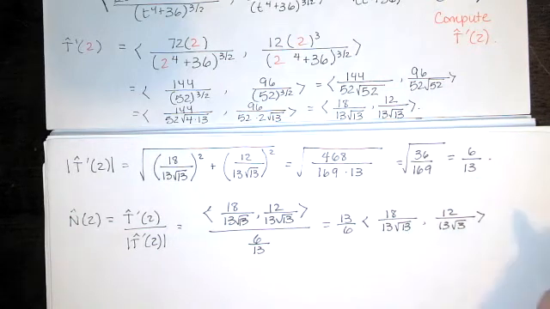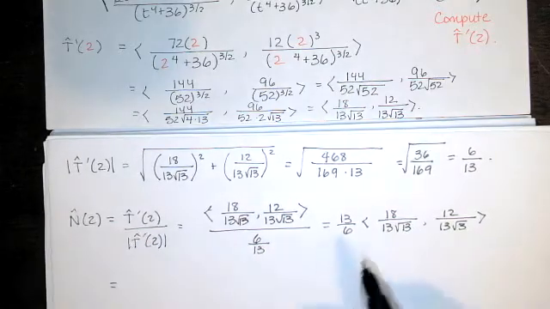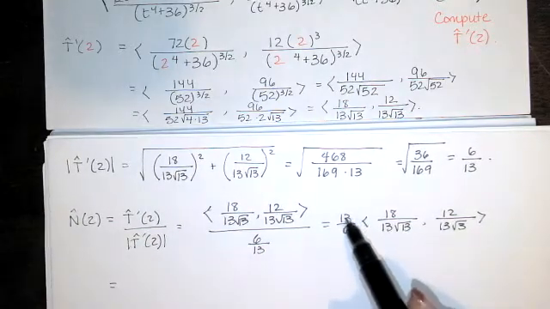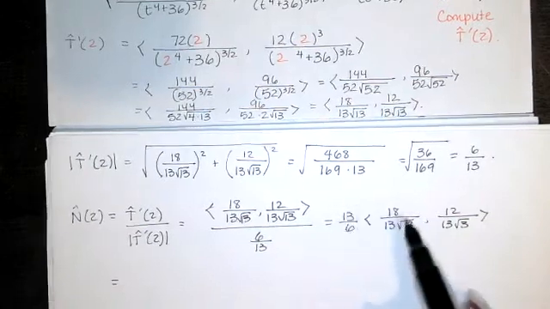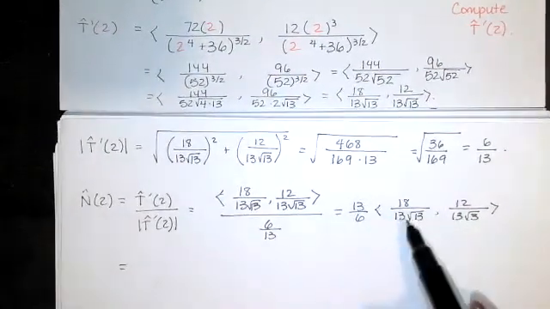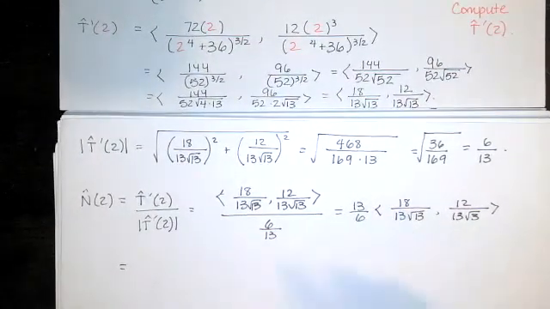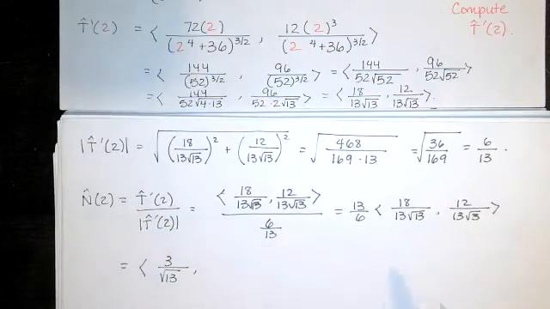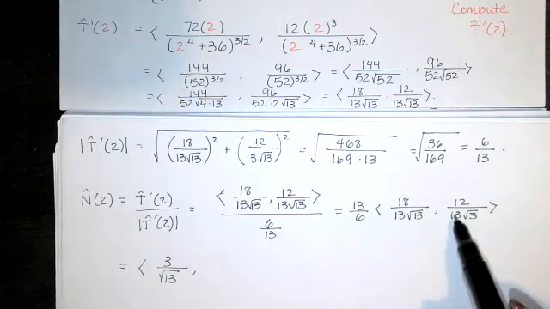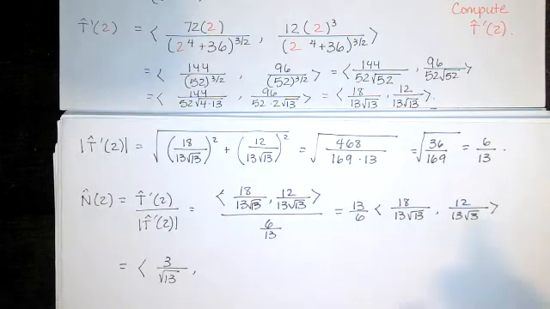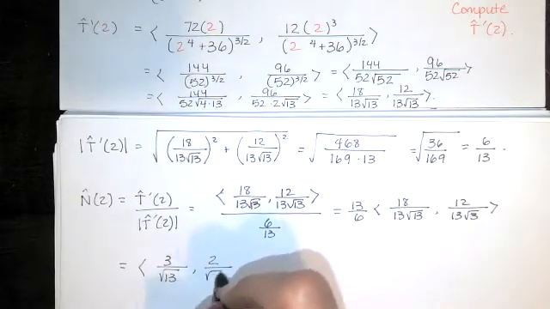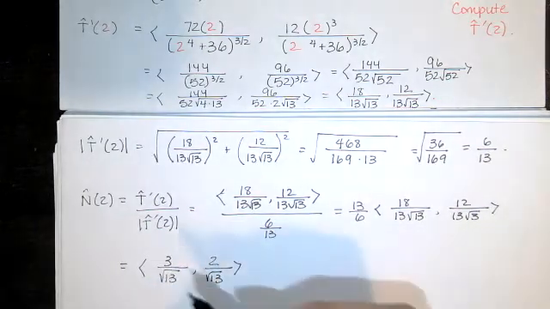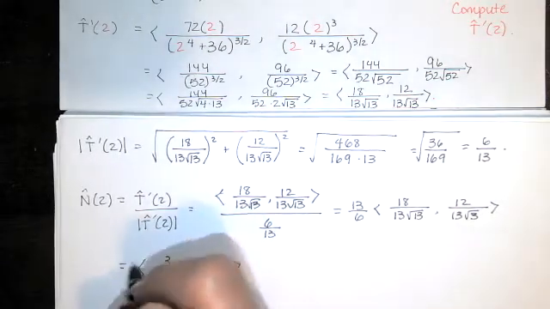And when you multiply a vector by a scalar, you multiply component by component. So when I multiply this scalar by this component, the 13s will cancel and 6 will go into 18 3 times. So we'll get 3 over root 13. Over here, the 13s will cancel and 6 will go into 12 twice. So we'll have 2 over root 13. And that is our n hat at 2.